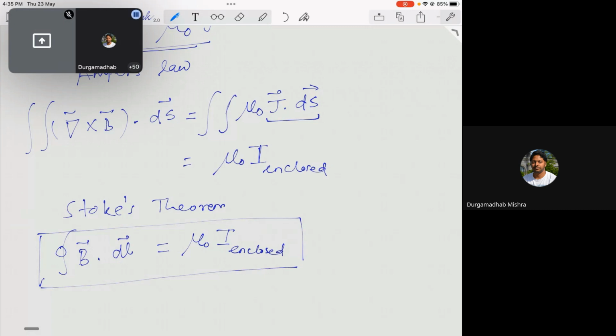But then we said, since electric field is conservative in nature, we can now express electric field as a gradient of a potential, okay?